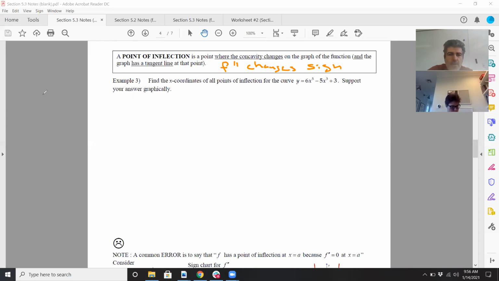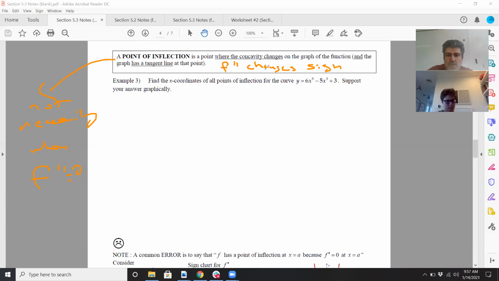So it's not necessarily when f double prime equals 0, even though that's a good thing to look at. You might run into a situation where f double prime equals 0, but the second derivative is positive the whole time, positive before and after that x coordinate that causes f double prime to be 0.